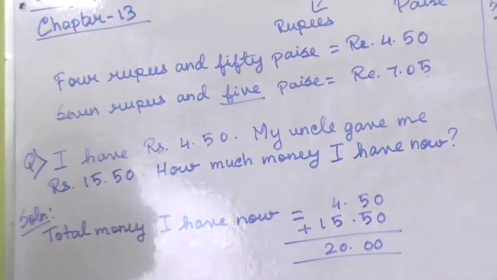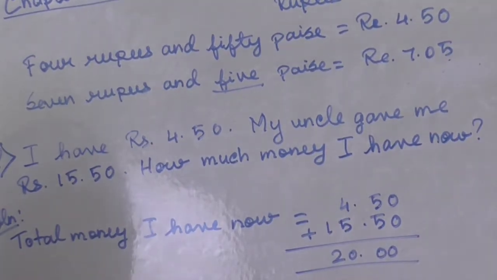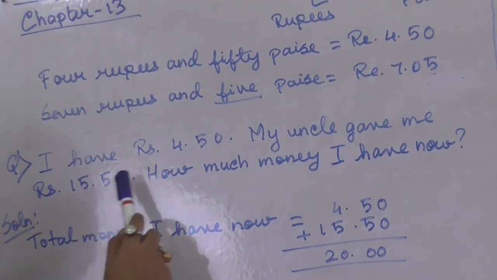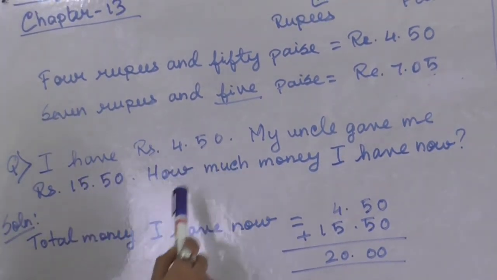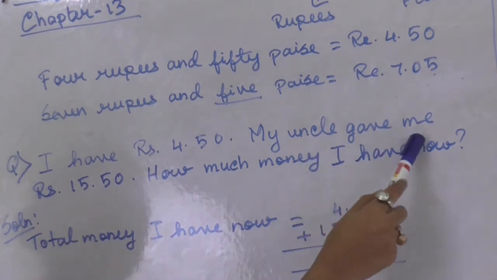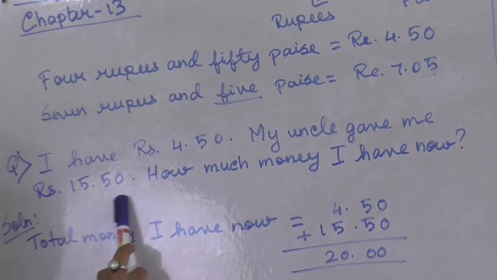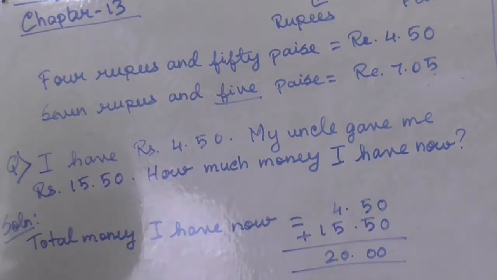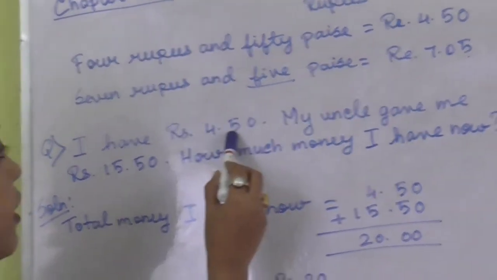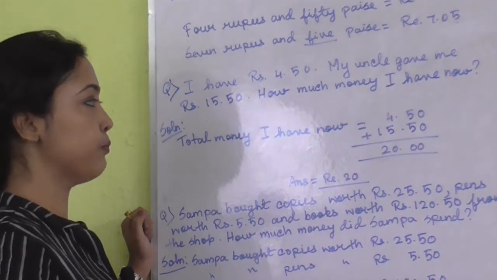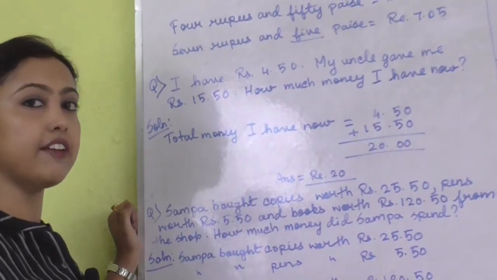Next, I am going to show you some problem sums on money. Here one problem sum is given. I have rupees 4.50. My uncle gave me rupees 15.50. So how much money do I have now?